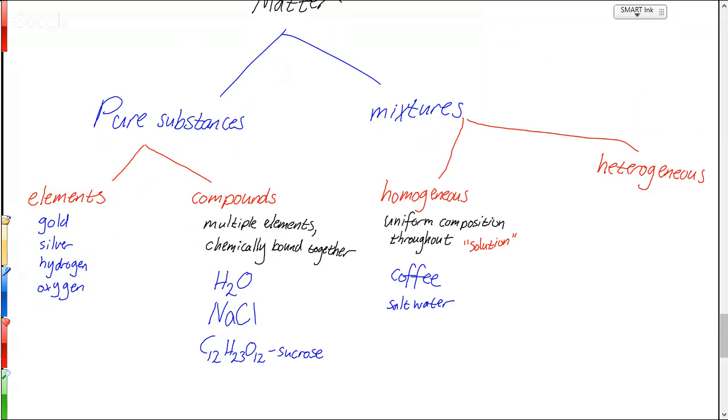What's in air? Nitrogen, oxygen, a little bit of hydrogen. Carbon dioxide and water vapor are the major parts of air. There are small amounts of other gases too. But that's a homogeneous mixture. Those gases are all mixed together.